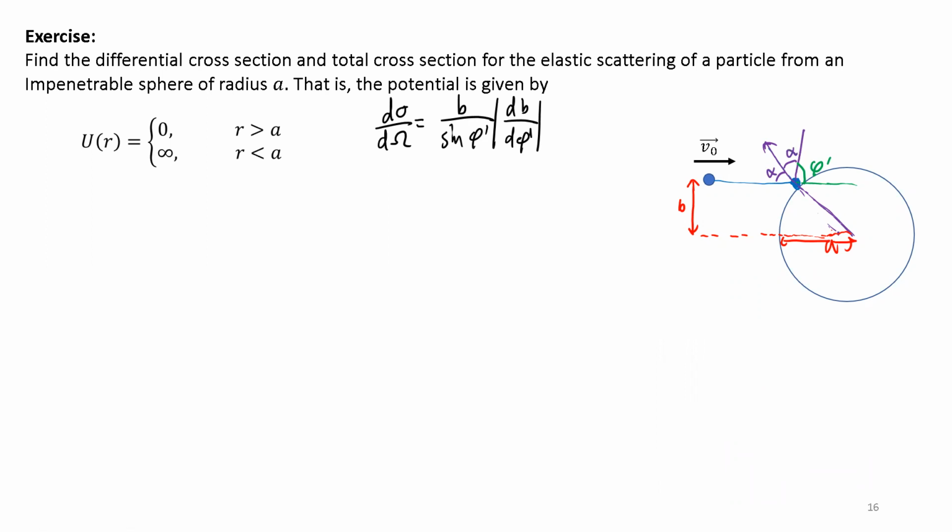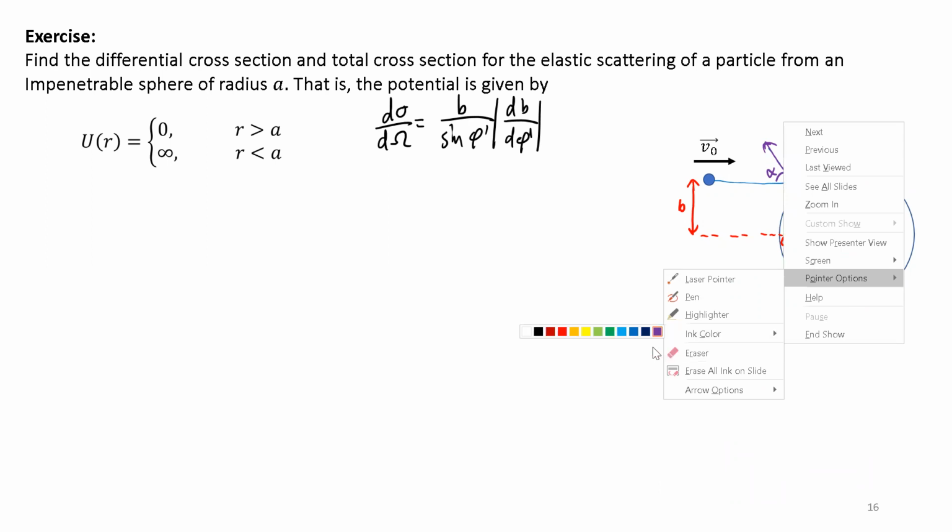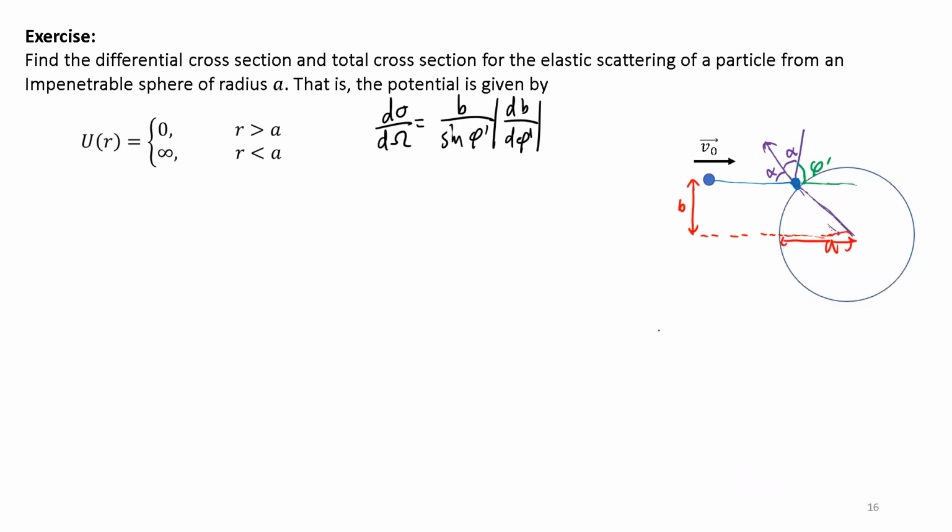Now, just notice that this blue line and this red line are parallel to each other. You could see that this angle is also alpha, and the length of this line is also a, and this over here, of course, is b.